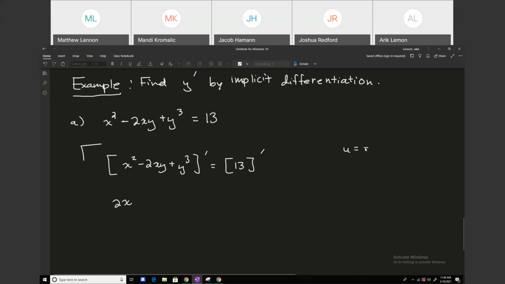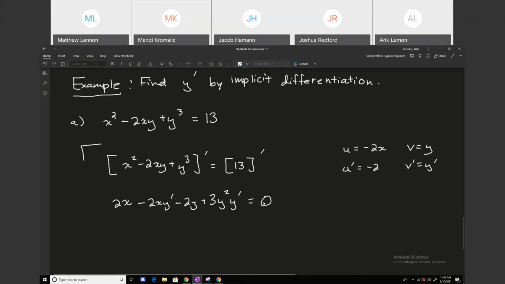I would say u is minus 2x, v is y, so u prime is minus 2, and v prime is y prime. So I would have minus 2x y prime minus 2y, and then we take the derivative of y cubed, which is going to be 3y squared y prime, and then the derivative of 13 is just 0.